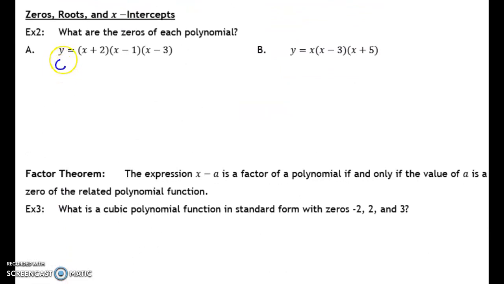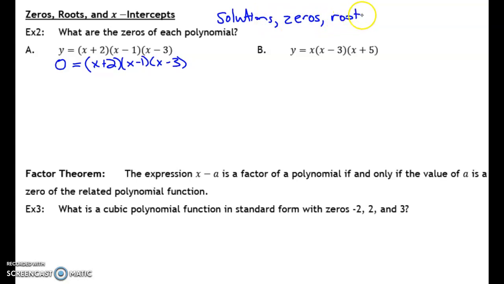So we're going to set that equation equal to 0. Remember, the zeros are the x-intercepts or solutions. You'll hear a bunch of different words that you can figure out by doing the same thing: solutions, zeros, roots, x-intercepts.